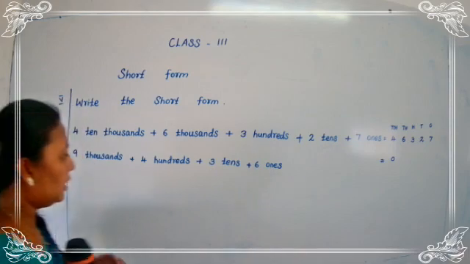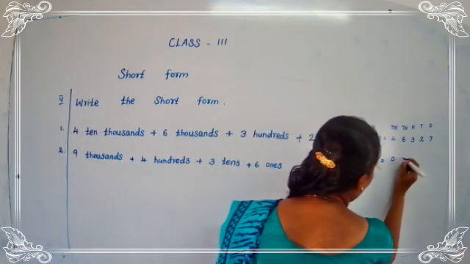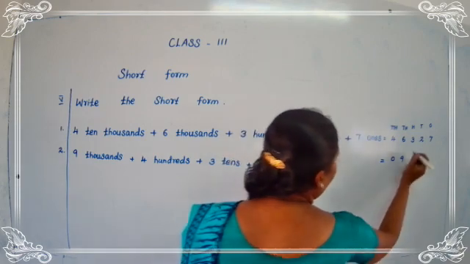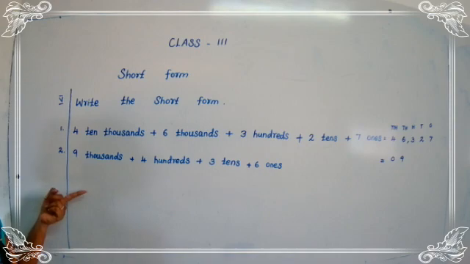Then you start to write the 1,000 place. How many thousand is here? 9,000. Then how many hundred is here? 400. So we have to write 4 in hundreds place.